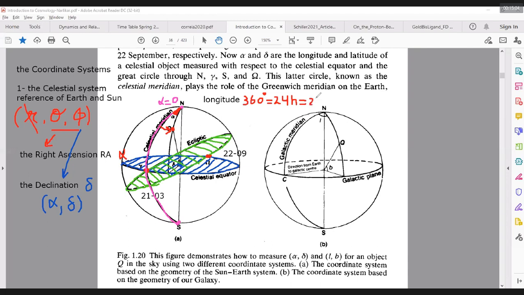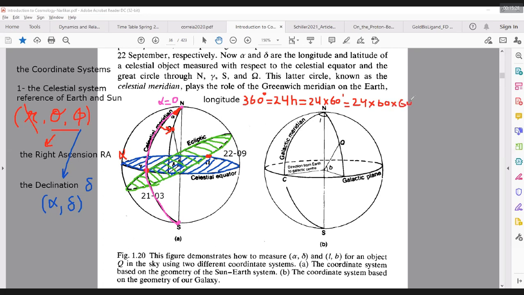That is like 24 into 60 minutes, with the symbol of 1 prime, and if we multiply with another 60, we get it in seconds.